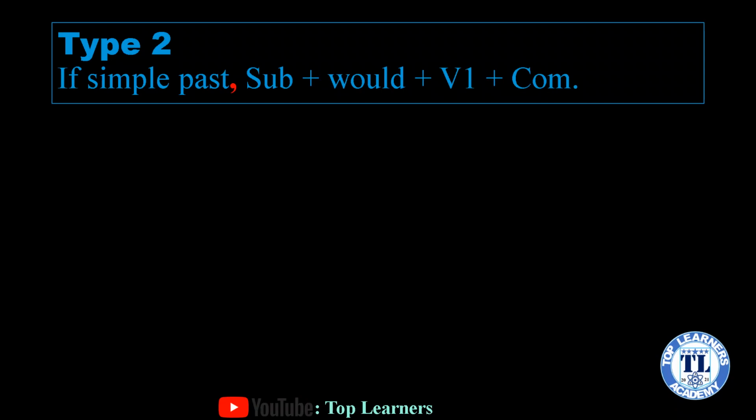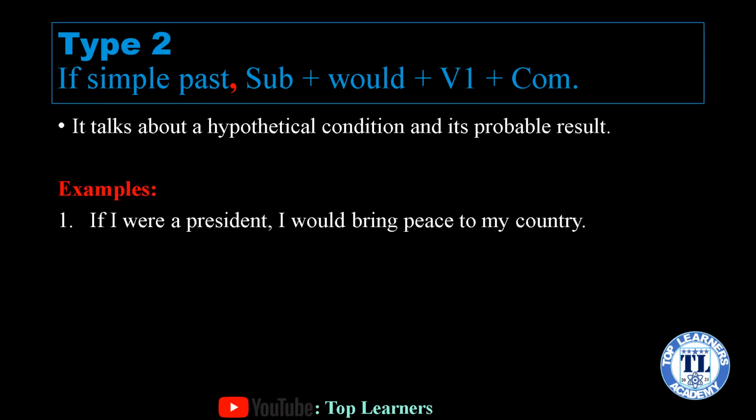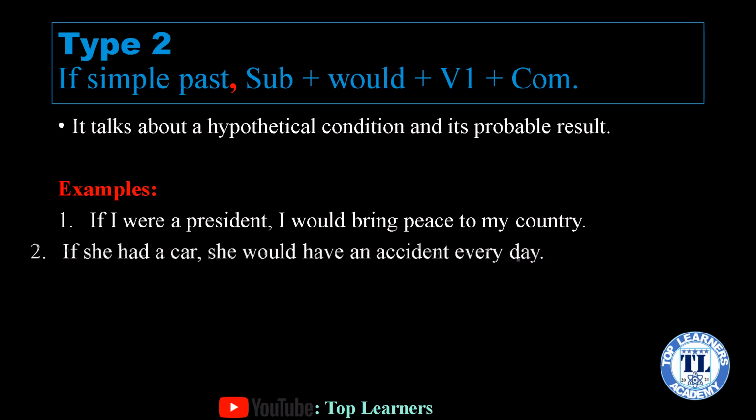Conditional type 2. It talks about hypothetical condition or unreal condition and its probable result. For example, if I were a president, I would bring peace to my country.